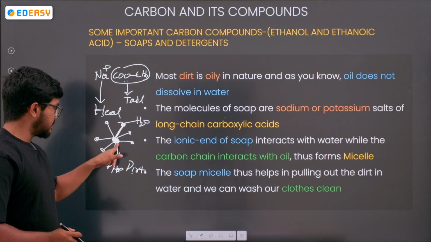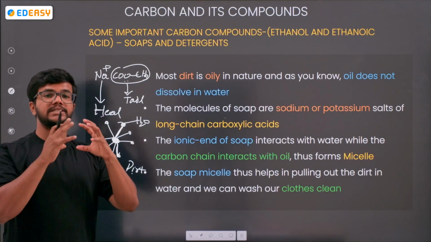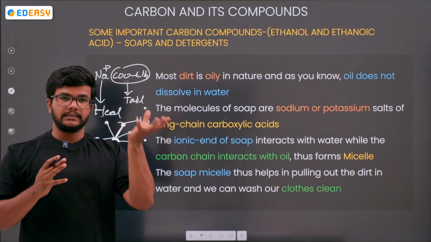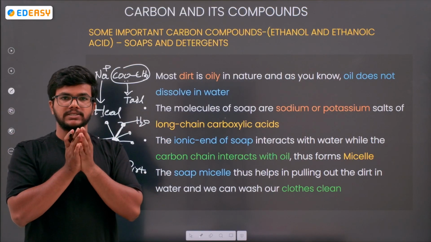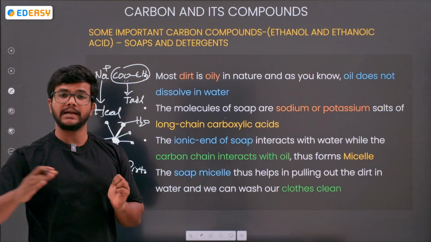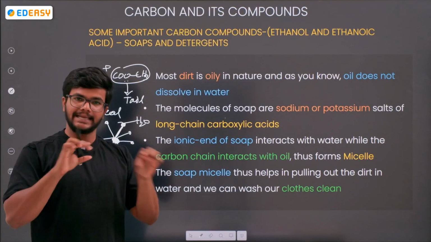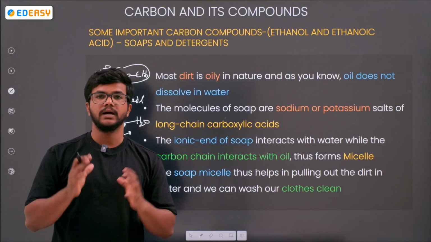The tail will hold the dirt, which is the oily part. Dirt is oily, tail is also oily. Oily and oily get attracted to each other, and the head part is washed away with the water. When the head part is washed away with the water, it is followed by the tail, followed by the dirt. So this is how the dirt is removed from the clothes.